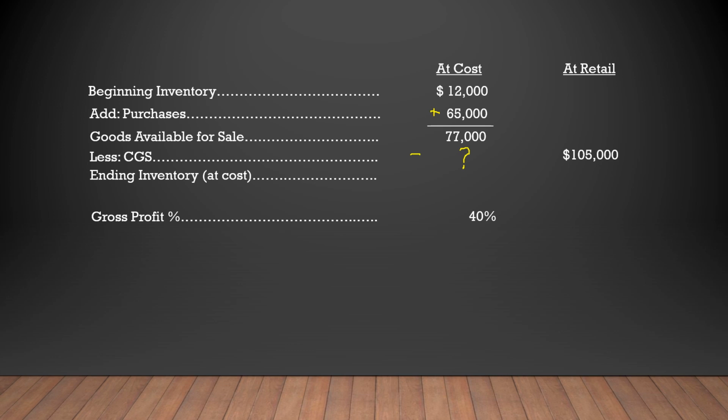So how do we figure out cost of goods sold? We have our sales at retail, which we can convert to cost of goods sold by multiplying by 1 less the gross profit percentage, or 60%. Perform that computation, and cost of goods sold is $63,000.